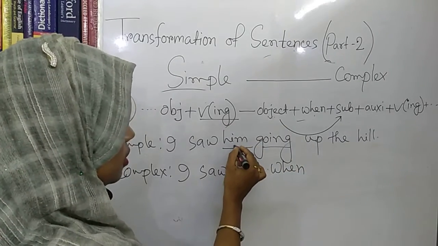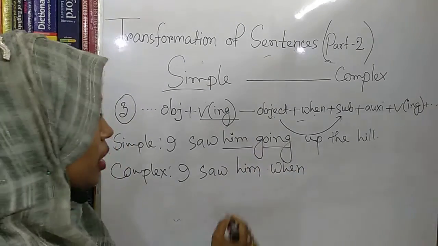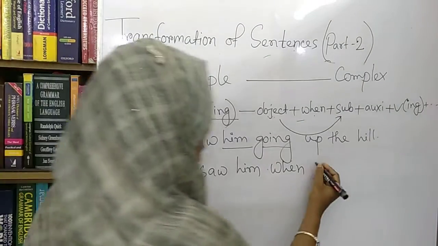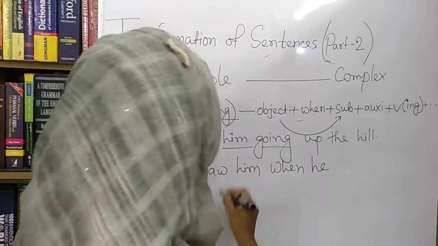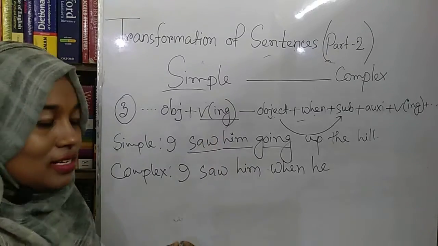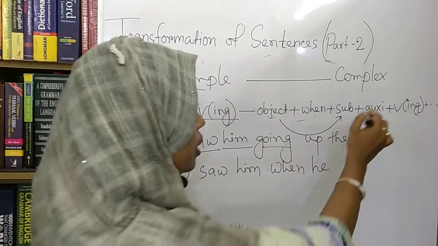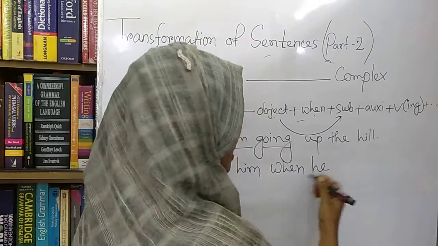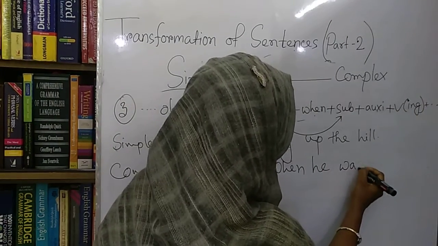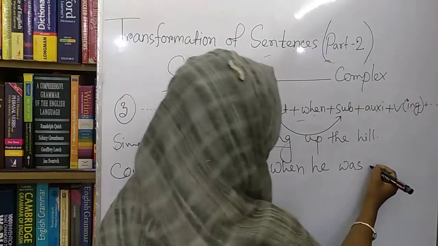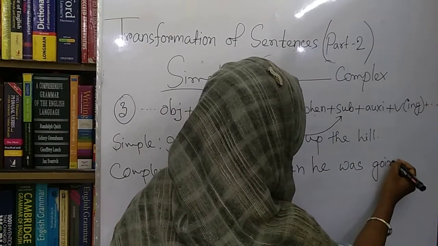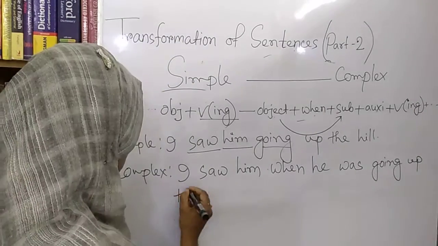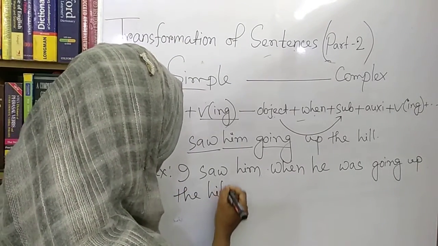Here the object is him and the subjective form of this object is he. When he, as it is a past sentence, here we will use the auxiliary verb of the past form: He was going up the hill.